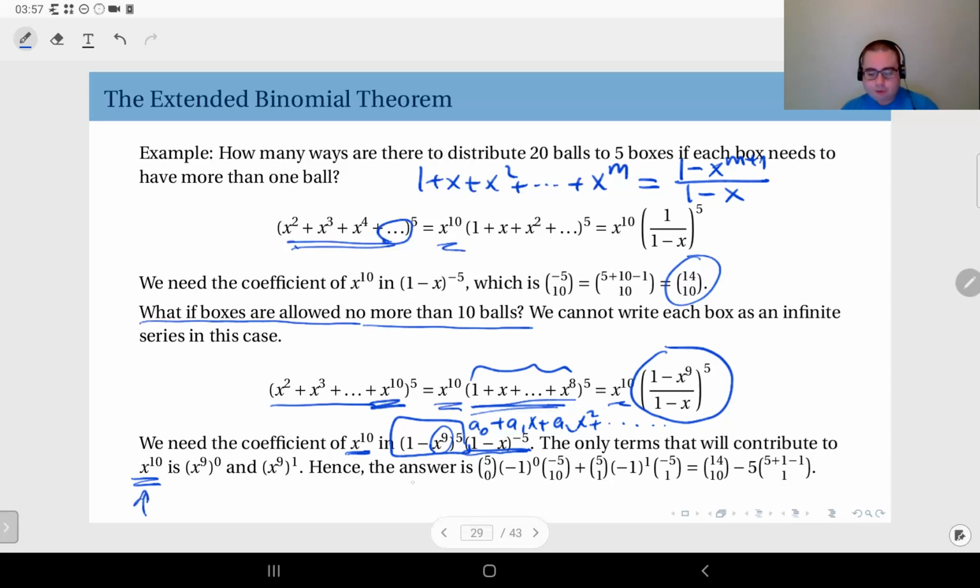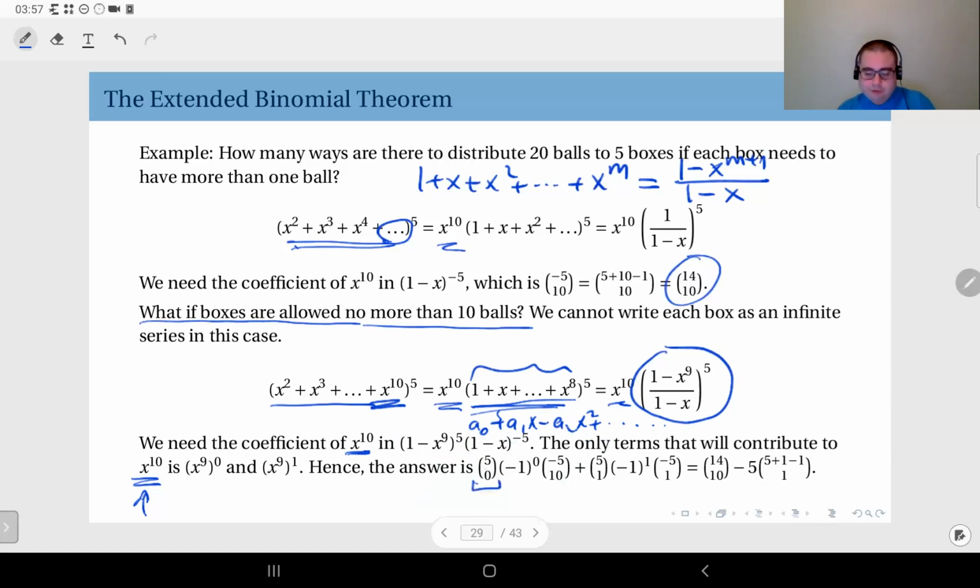So either I'm not going to take any x from this first function, in which case I need to take the x to the power 10 term from the second part, or I take just one of the x to power 9s, and then from the second part, I need only the x term. Okay, so those are the only possibilities. Therefore, I can write them simply.